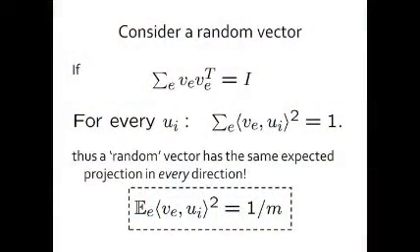And so if I pick a random vector and look at the expected projection along a particular direction, it's the same, 1 over the number of vectors. Now, of course, this doesn't mean that there's actually any vector in the collection which simultaneously does this for all our eigenvectors. It's just saying that if I look at any particular direction, the expected projection is about right.